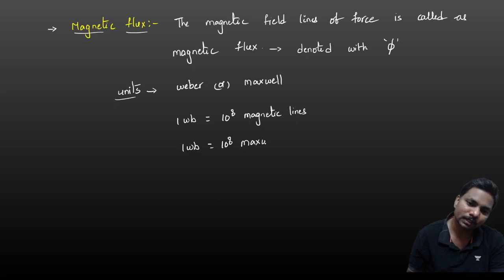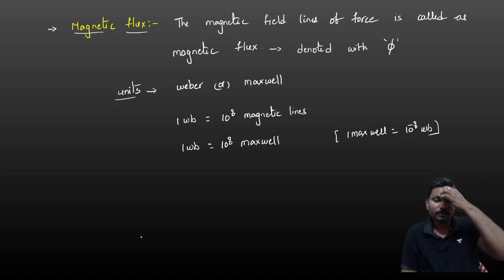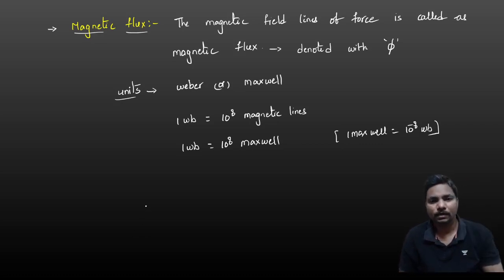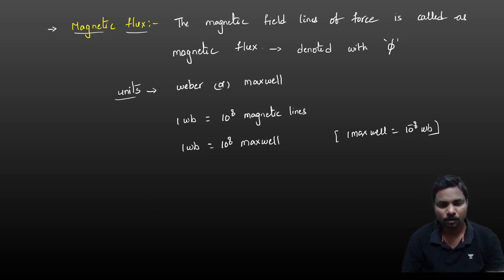That is the relation, very important. And 1 Maxwell is equal to 10 power minus 8 Weber. The reverse is also important. The magnetic field lines of force are nothing but magnetic flux, denoted with letter phi. It is the same as current in the electric field.